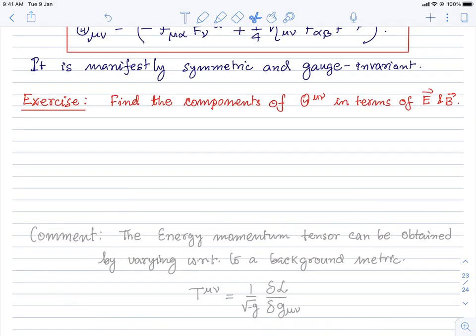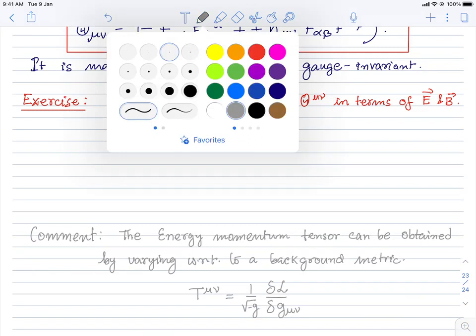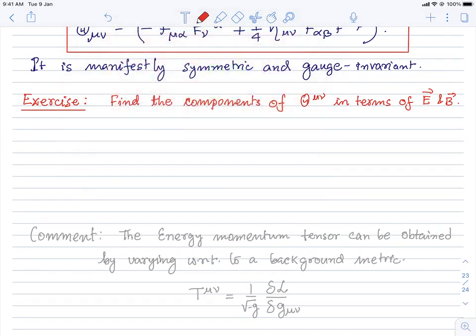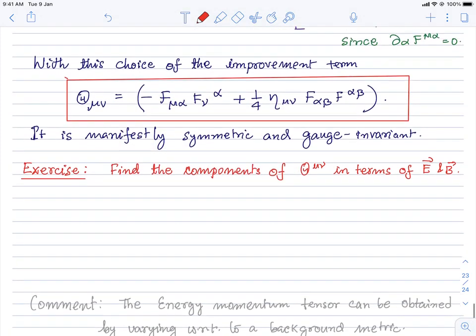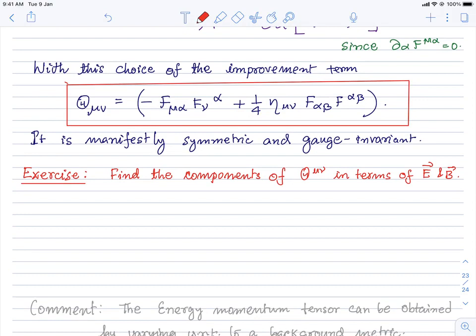You might be able to guess what the answer might be, because you know that these are the statements of energy conservation and momentum conservation, and you are already familiar with what the energy and momentum are. So you know that T00 would probably go as E squared plus B squared. Maybe there's a c squared, some proportionality constant.